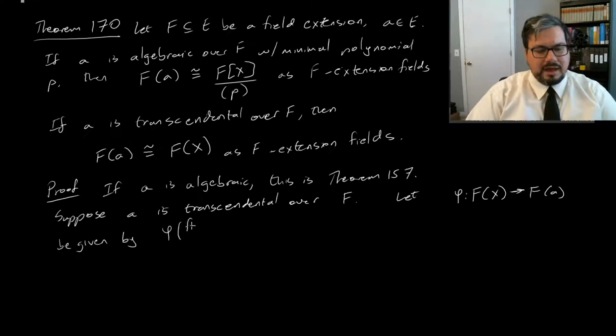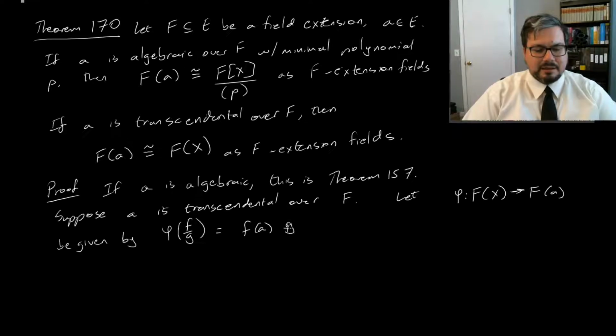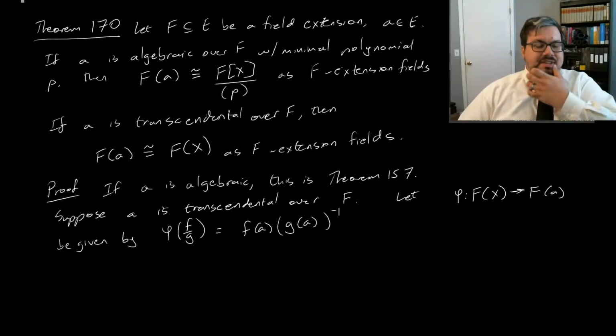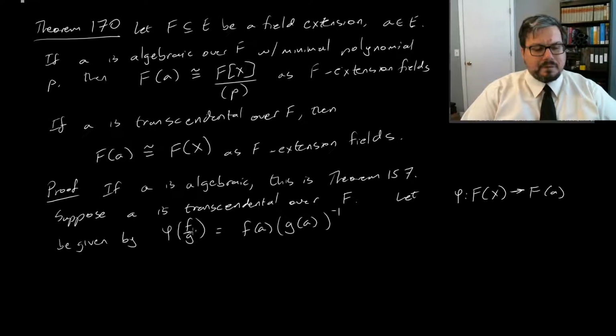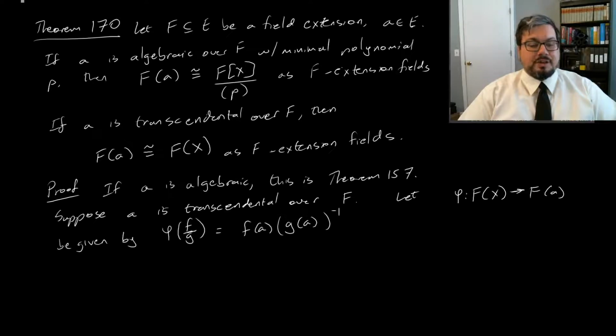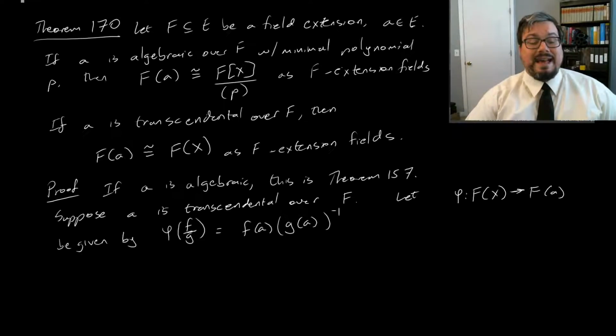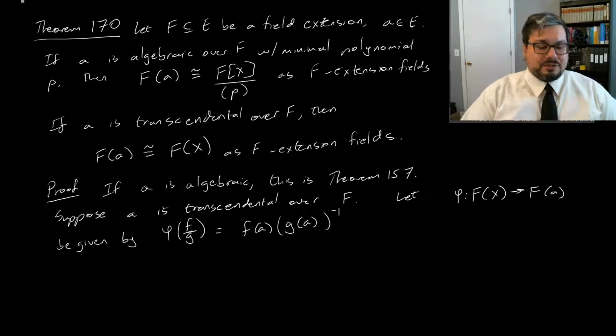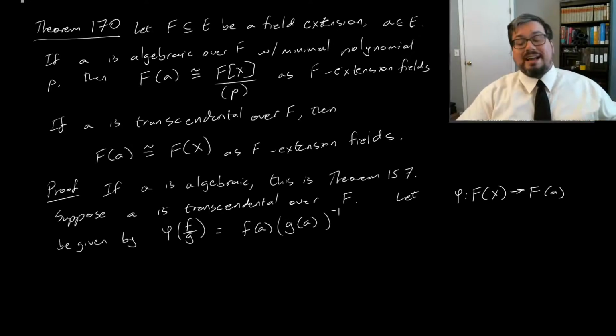by phi of f over g, and we'll have that be f(a) times g(a) inverse. So this is the most natural thing for us to do. Dividing by g, 1 over g is essentially g inverse. And so if we want to go from polynomials involving just x to something that is based on F, but also includes the element a, then we just basically take what we get if we replace all the x's by a's.